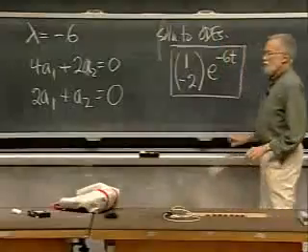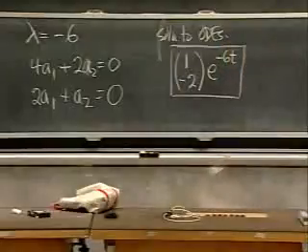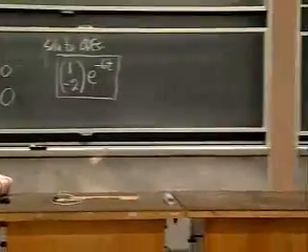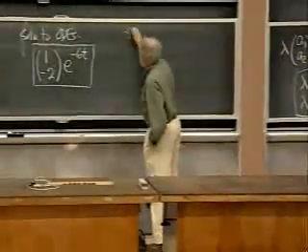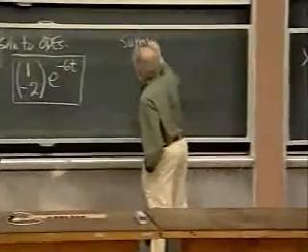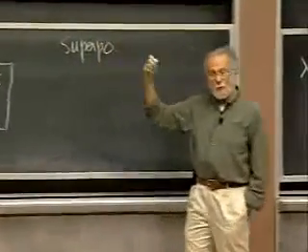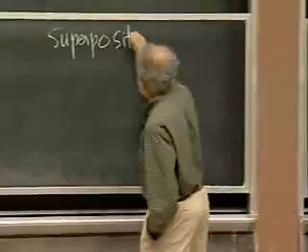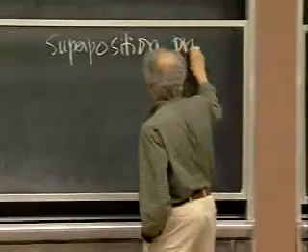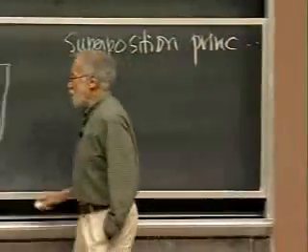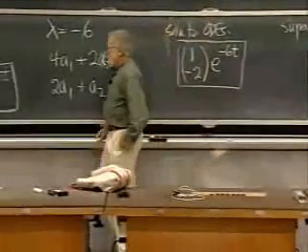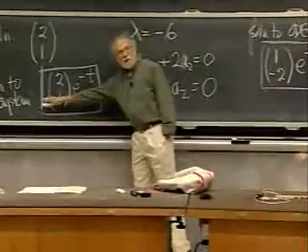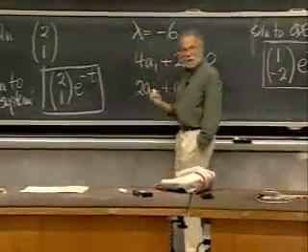And now there's a superposition principle, which if I get a chance, I'll prove for you at the end of the hour. If not, you'll have to do it for yourself for homework. So by the superposition, since this is a linear system of equations, once you have two separate solutions, neither a constant multiple of the other, you can multiply each one of these by a constant and it will still be a solution.